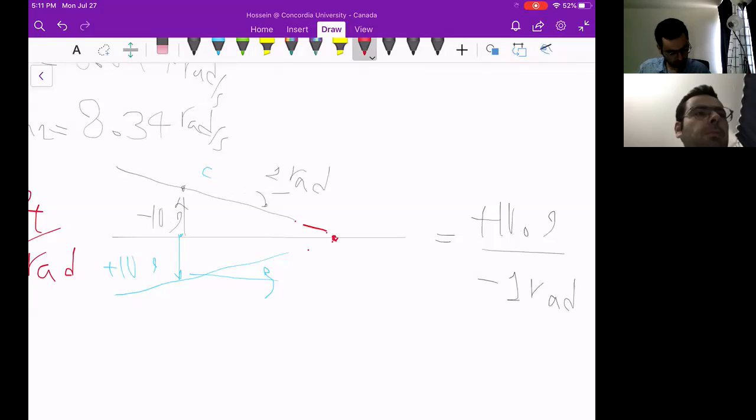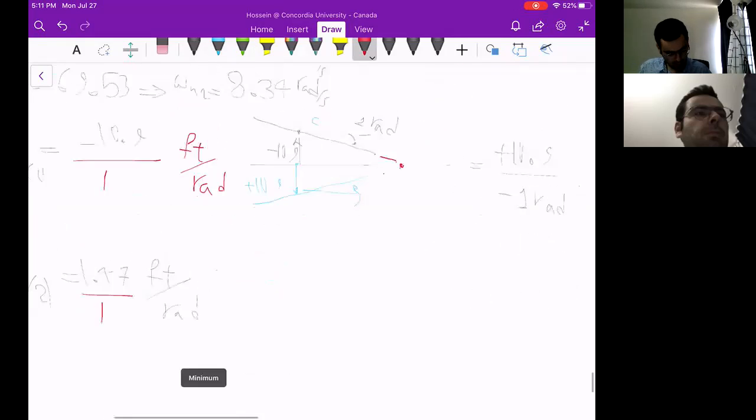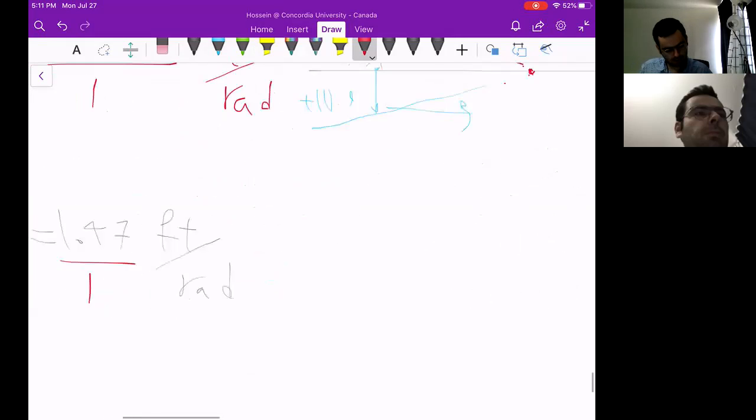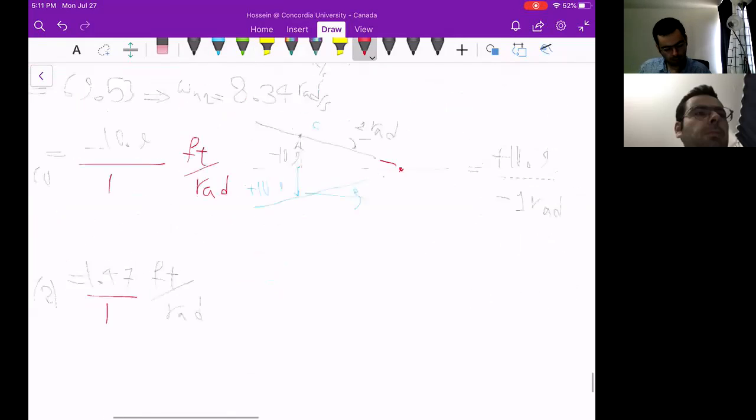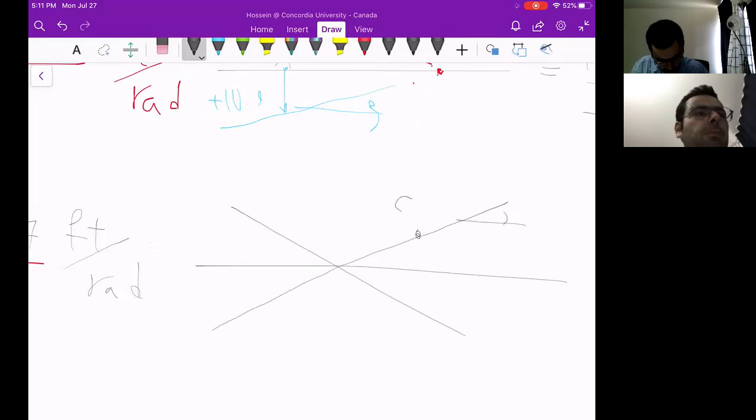And for the second mode shape, however, for each positive radian, there is a positive 1.47 foot displacement. So C is here, positive rotation, 1 radian.